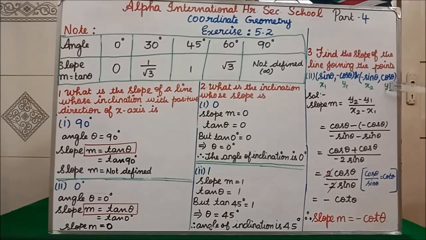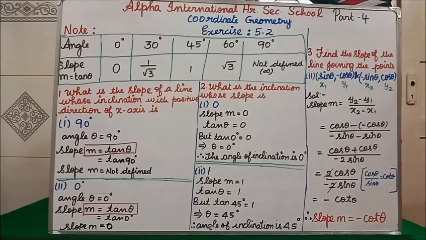So what is our y2? Cos theta. So substitute, minus, what is our y1? Minus cos theta. So minus cos theta, divided by, what is our x2? Minus sin theta. In the middle, minus. What is our x1? Sin theta.